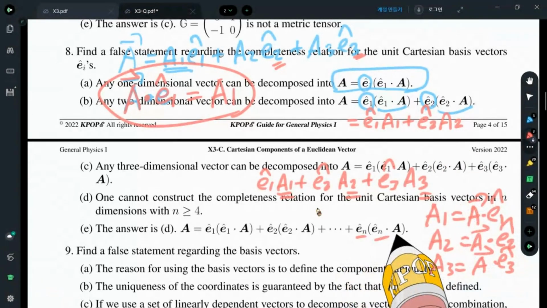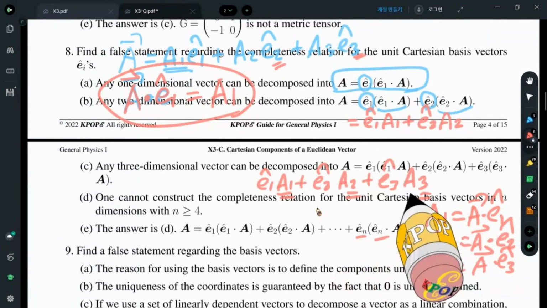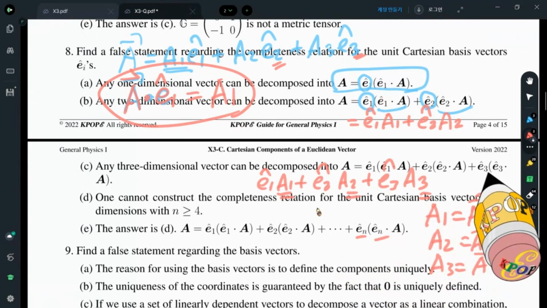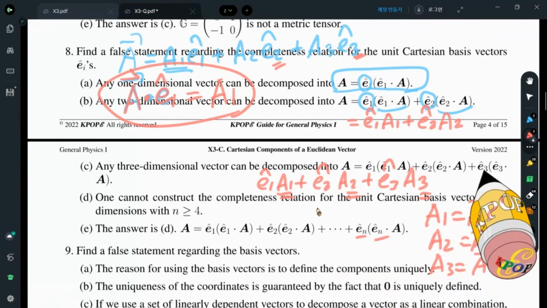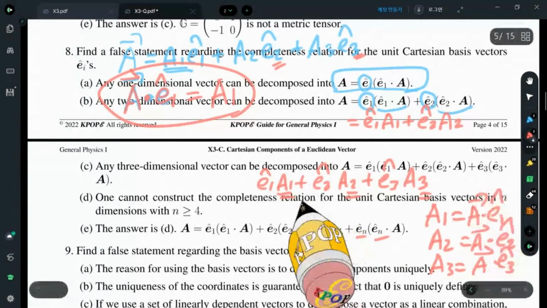Although in our description of 3-dimensional space we stop at n equals 3, in principle we can extend this to the n-dimensional case. So later in this semester, we have to extend this idea to n-dimensional Euclidean space, when we study the interaction of molecules.